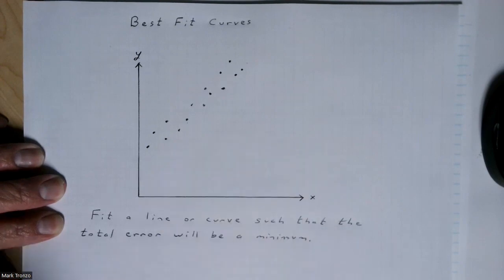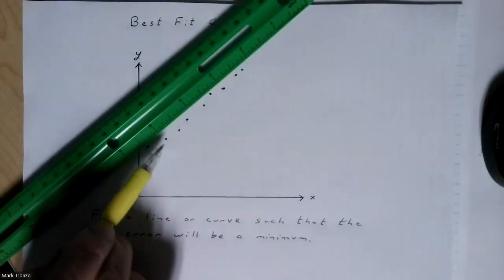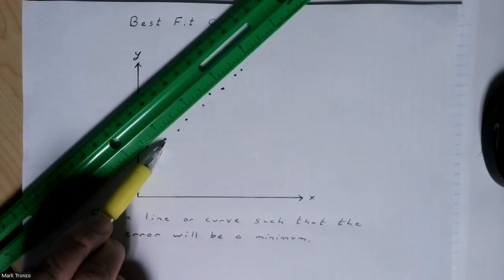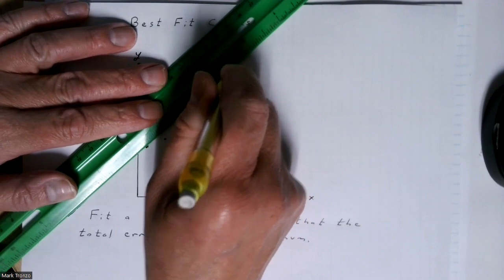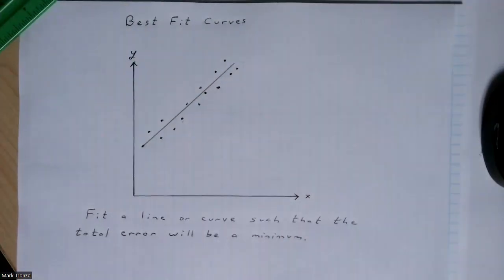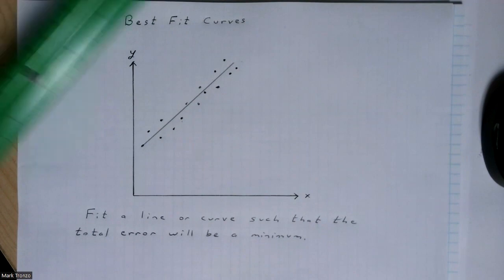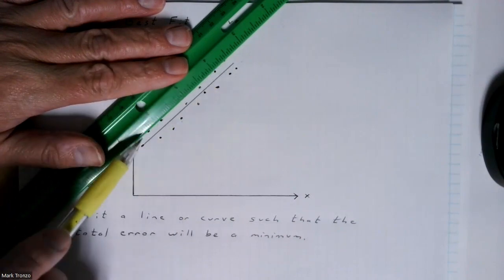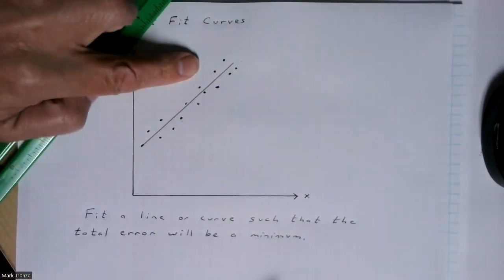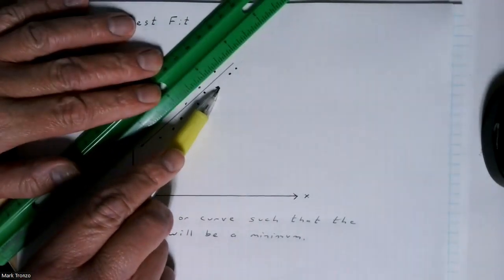In other words, we would like to fit a line such that if we took, say, the difference between our line and every point of our data, that we would have the smallest total error. Obviously, if we made a line that went, say, just over here, some of these points would be right on the line, but these points would be far away.